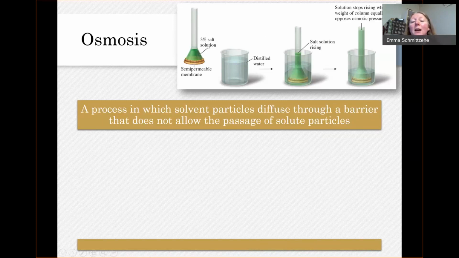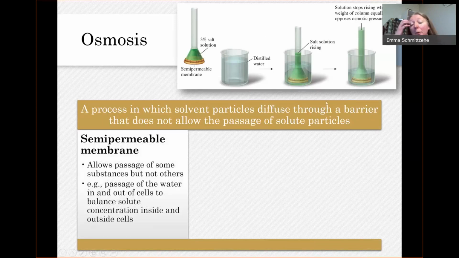If we place that in a beaker of water, you would see the solution level in that flask start rising, and it would rise to a certain point until osmotic pressure is reached. That is the water traveling through that semi-permeable membrane into that salt solution.